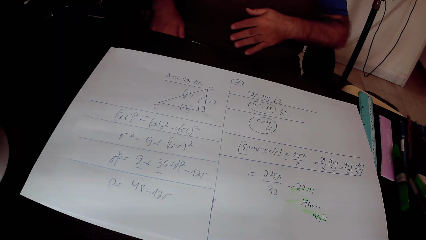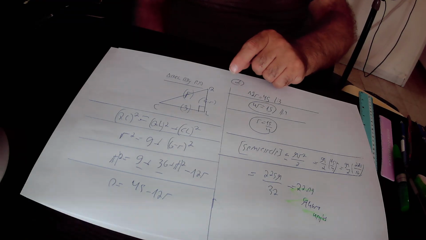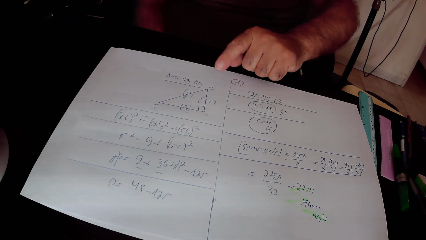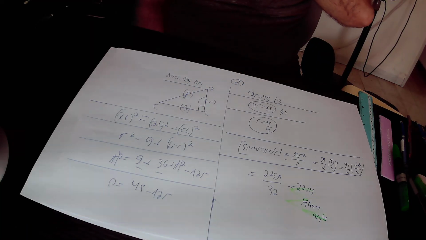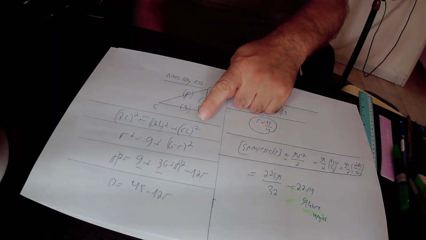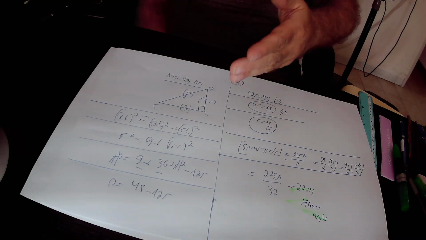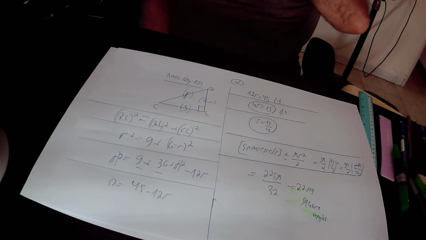QC is r, therefore QC squared is r squared, and it equals QL squared. QL is 6 minus r, therefore QL squared is (6 minus r) squared, plus CL squared. CL is 3, therefore CL squared is 9. So in total, r squared equals 9 plus (6 minus r) squared.